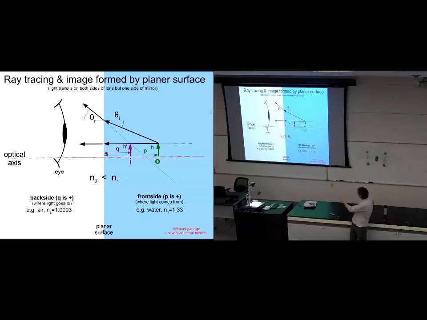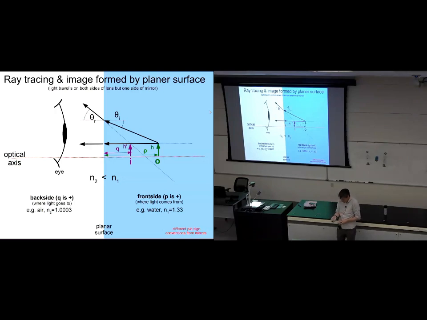If I trace this horizontal ray back, it's coming from this horizontal direction, this dashed line. These two dashed lines, which are me tracing the rays back into the fish tank, come from a common point that's here. This is the location of the image. So this is where the image sits. It's the intersection of those two rays that I trace back from my brain, through my eyes, to the fish tank.